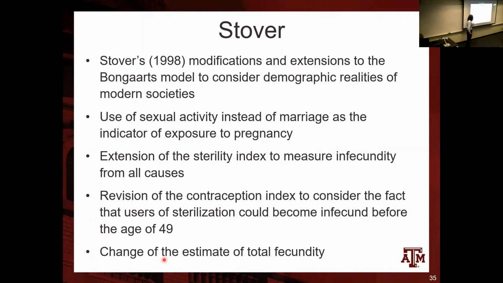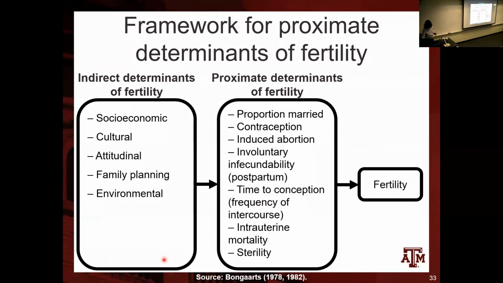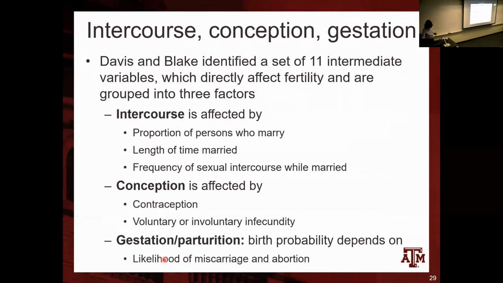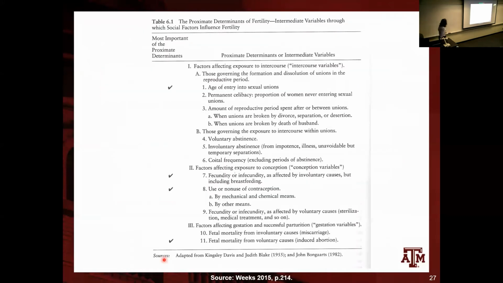So that all creates a change in the estimate of total fecundity. So the idea here is to analyze sexual activity instead of just the proportion of people getting married, and sterility from all causes, not just related to some specific causes that were highlighted by Bongaarts that we mentioned here specifically in the table, that are affected by involuntary causes, including breastfeeding, and here we had sterilization, medical treatment, and so on.